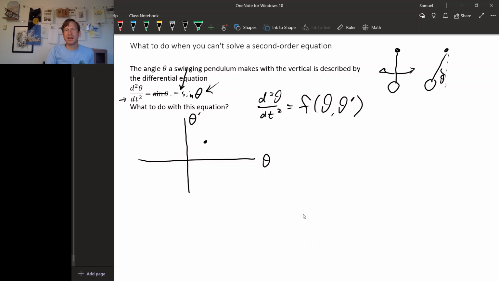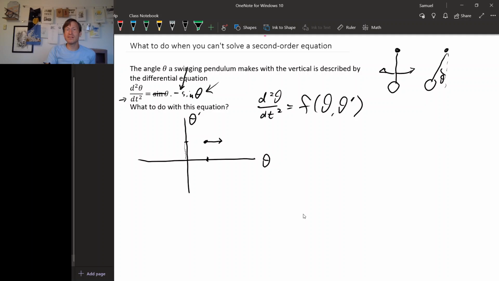At this point, theta has some value and theta prime has some value. How fast is theta changing? Well, theta is changing at a rate that we call theta prime, and theta prime is this distance. So we can draw a little arrow to indicate that since this distance is positive, theta is increasing. So we draw an arrow this way.